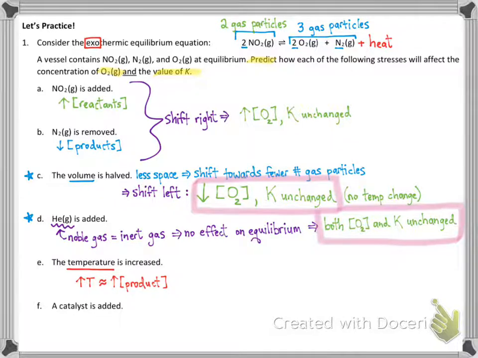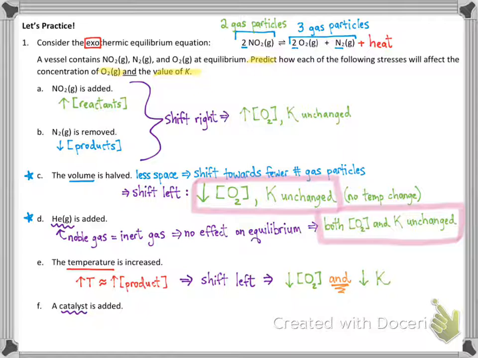Thus, to undo that stress, the reaction is going to shift left. That will decrease the concentration of O2. But that's not all. We have changed the temperature. So the equilibrium constant K will actually change. In this case, you've decreased the concentration of products at equilibrium. You decrease the value of K.